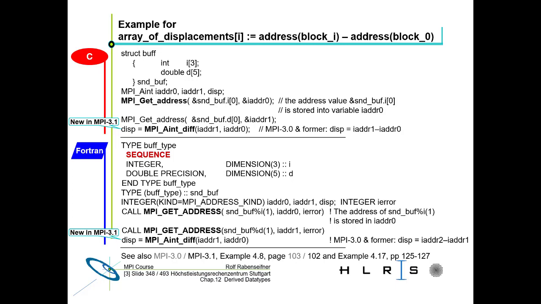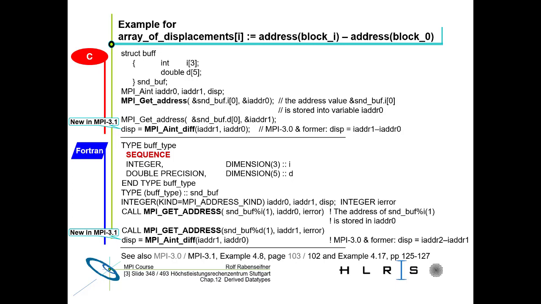Then we get the address of the send buffer, but now for the double precision array, first element, d0, and we put that into i_address1, and then we can compute the displacement, which is the difference between i_address1 and i_address0.